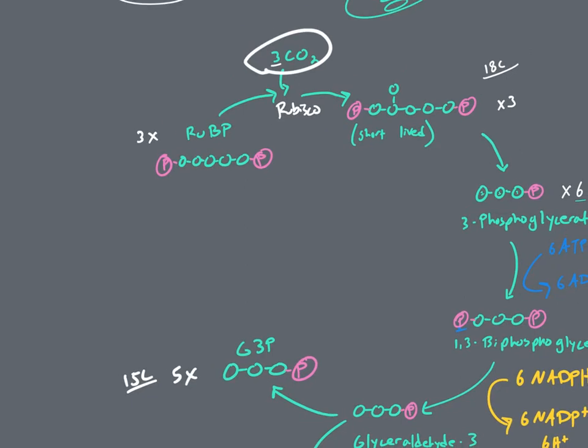These 5 G3P molecules are going to be modified to become our RuBP that we started with. And RuBP stands for ribulose bisphosphate. It's got phosphates, 2 phosphates.